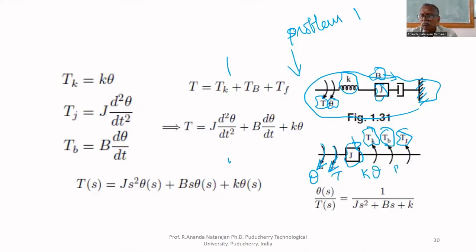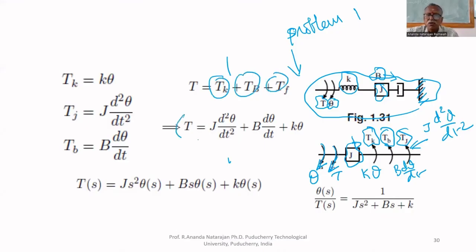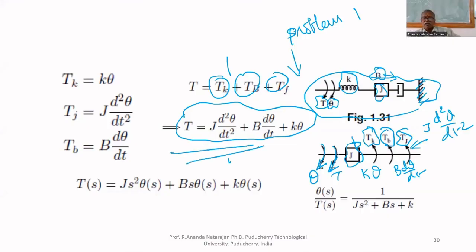Tb equal to B d theta by dt. Tj equal to J d square theta by dt square. So if you substitute these values, we'll get T equal to J d square theta by dt square plus B d theta by dt plus K theta. This is the mathematical model in time domain.